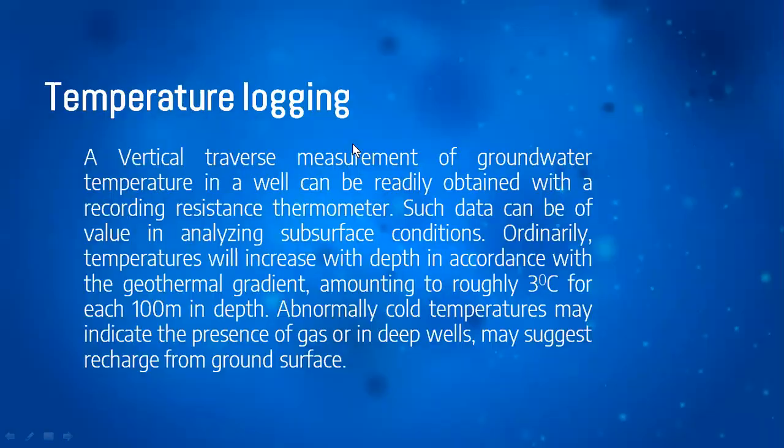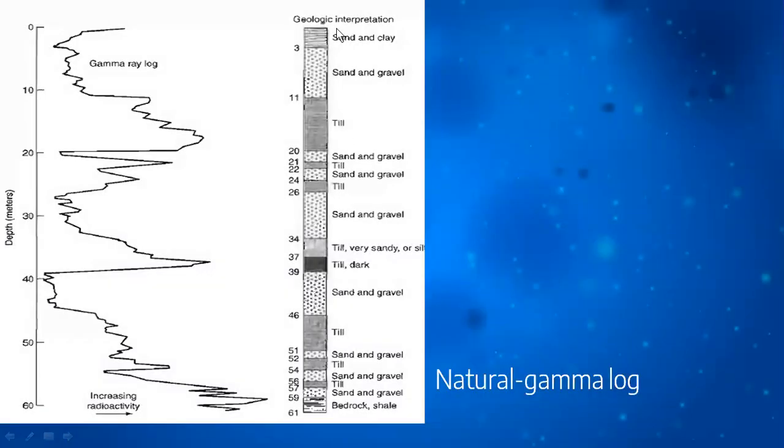So this is the natural gamma log. Once the probe enters the well, it releases the gamma rays, and they touch the subsurface regions and give the reflection data. So for each formation, depending on the depth, the rays differ. Based on this we have to correlate with the geological log.